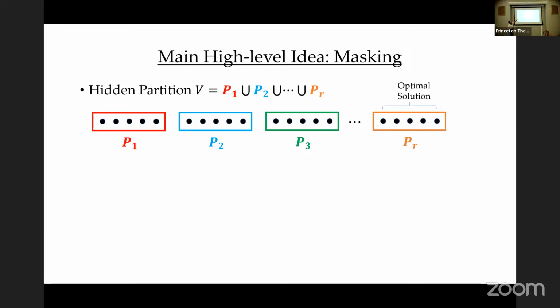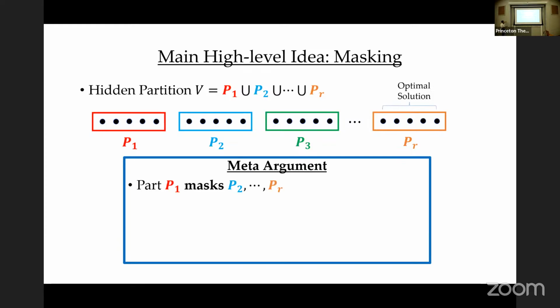The optimal solution somehow needs to get to that last bit. The order matters here. And the function is so designed, this is the meta argument, that in the first round, you don't know anything about the partition. And if you make poly n queries, you learn nothing else about the partition except maybe the first part.